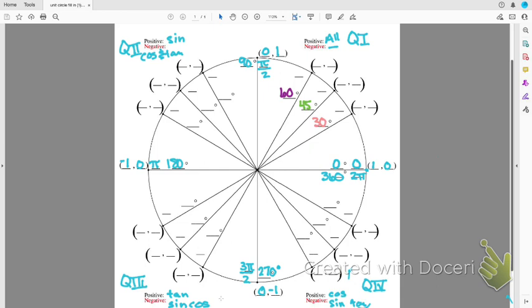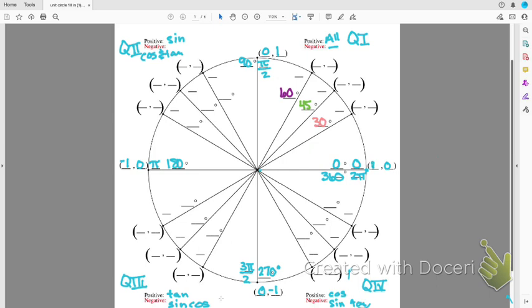Okay, so the y is what? 0. And the radius is 1 unit. So what's 0 over 1? 0. Look at that. It's right there. And what's cosine? X over r, or adjacent over hypotenuse? Well, if my x is 1 and my radius is 1, I get what? 1.